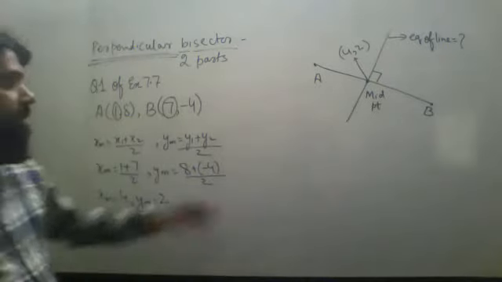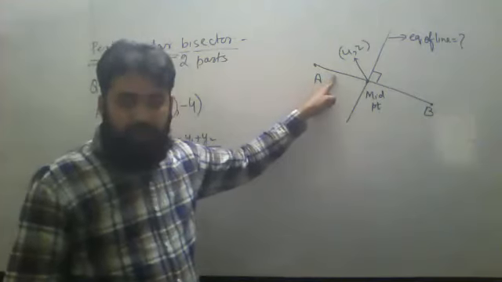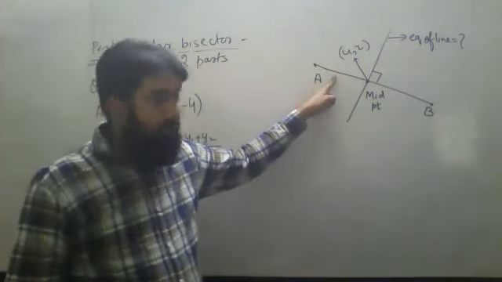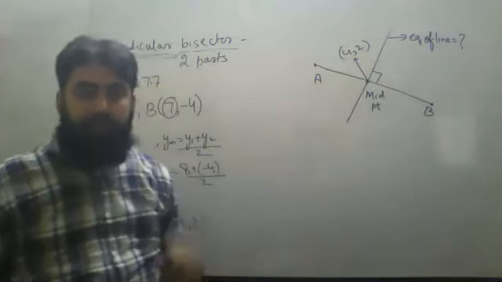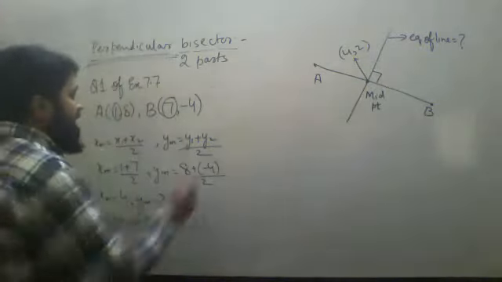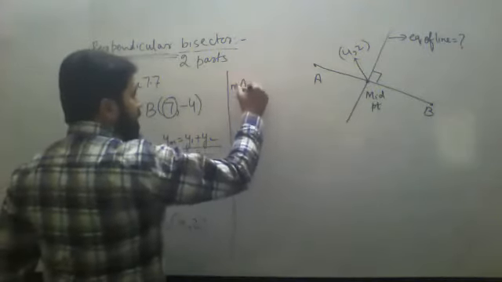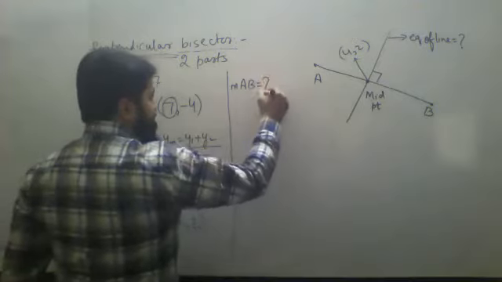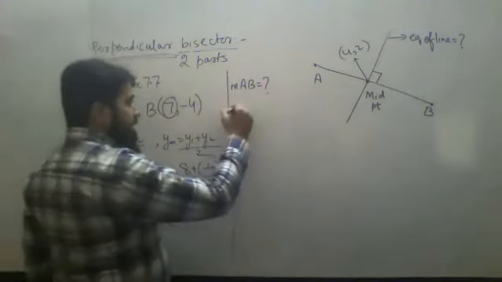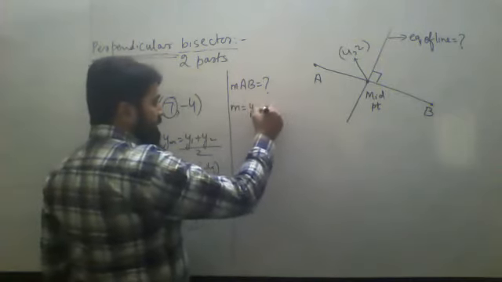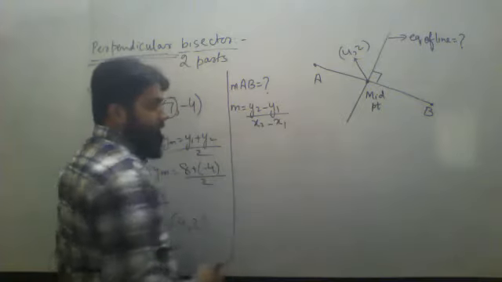Now I have got the midpoint. Now if I can find the gradient of this line AB, I can find the gradient of the other one because they are perpendicular to each other. So finding the gradient of AB, the gradient formula is m equals (y2 minus y1) upon (x2 minus x1).